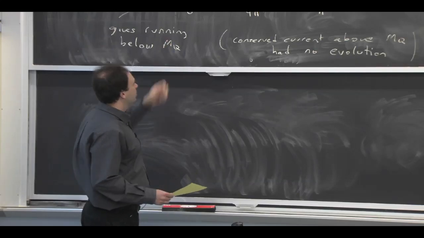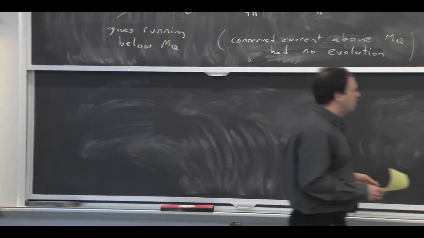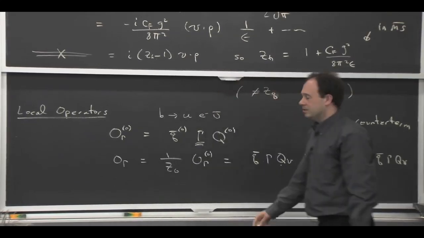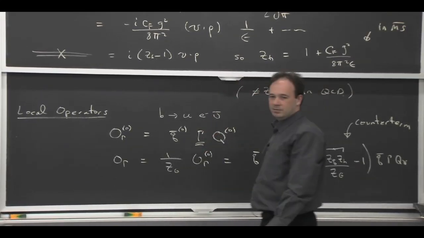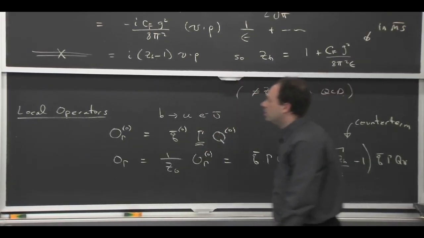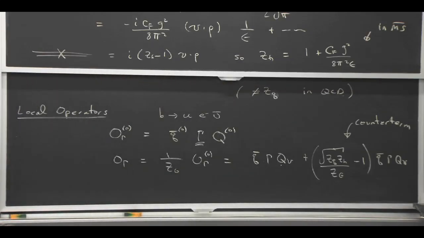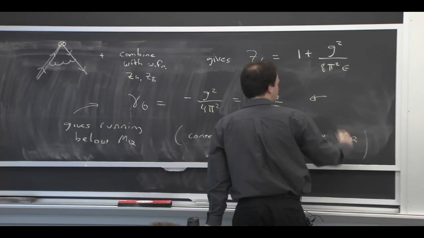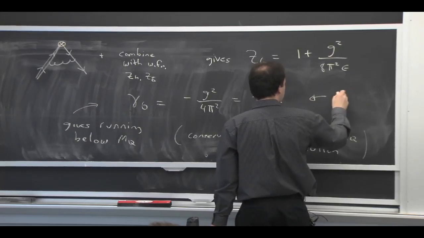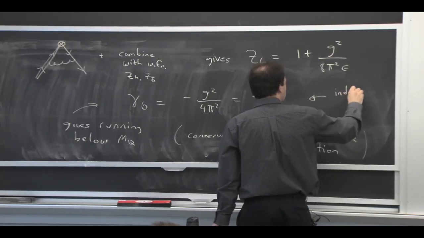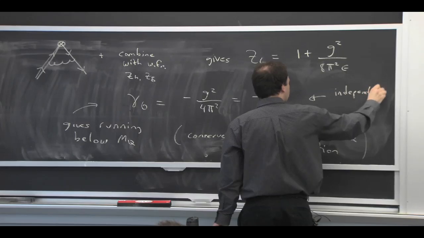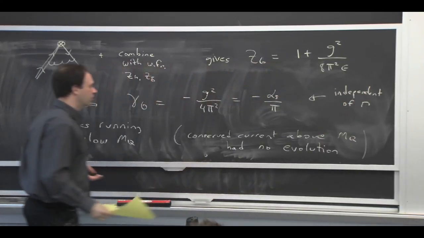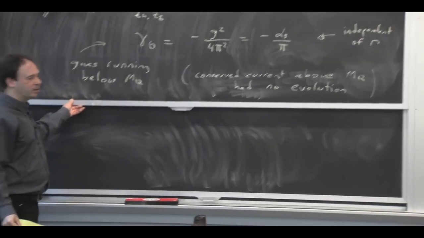One thing you can note about this anomalous dimension is that I didn't really specify for you what the gamma was, although I told you for this process it would be gamma mu 1 minus gamma 5. And the result here actually, if you carry out this calculation with arbitrary gamma, you find that it's independent of gamma. So you get the same universal anomalous dimension for any spin structure.